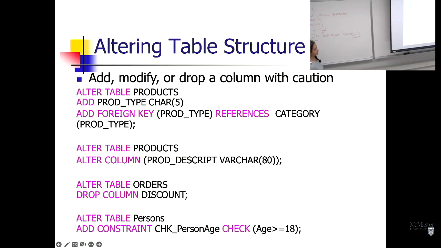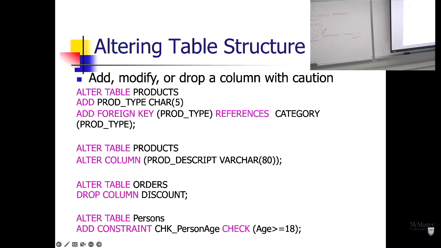As you can see, here's the syntax: alter table, then the table name, which shows the table that you want to alter. So alter table products, for example, where we want to add product type. We didn't have product type before in the product table. This is a new column that we want to add. We use add, column name, and the data type.